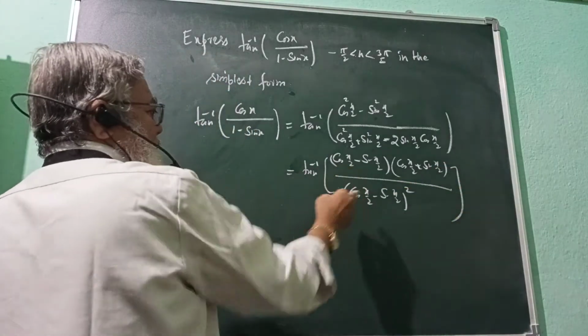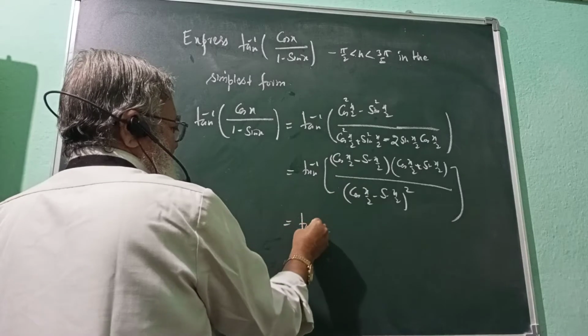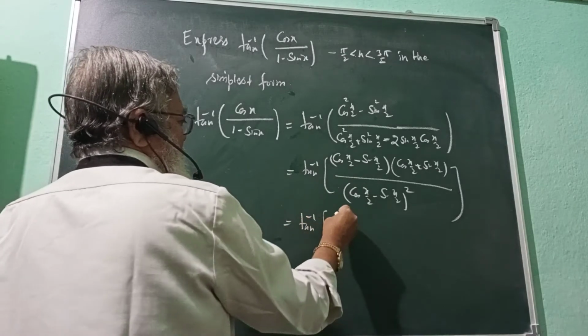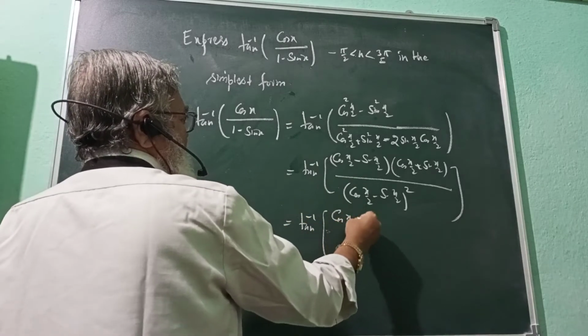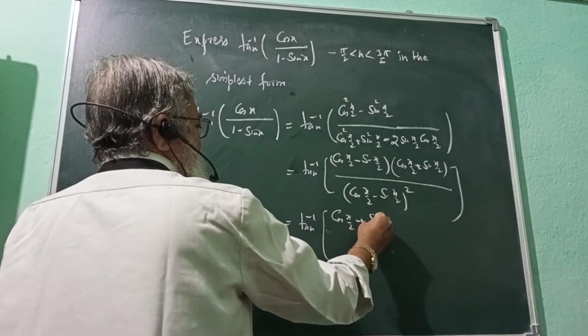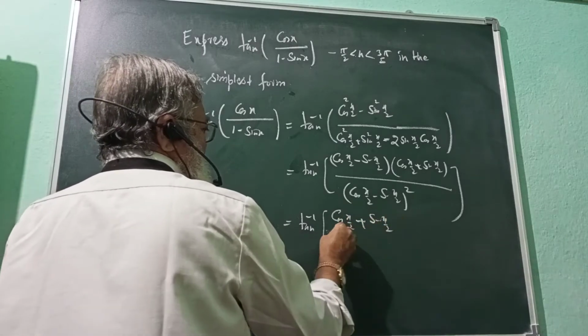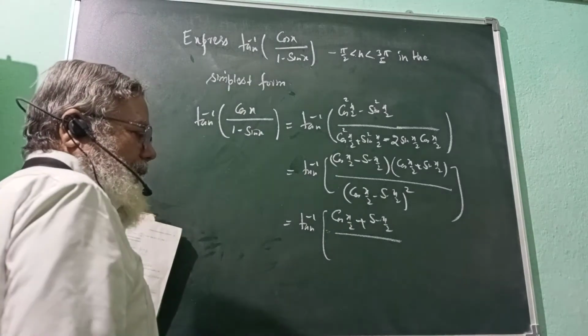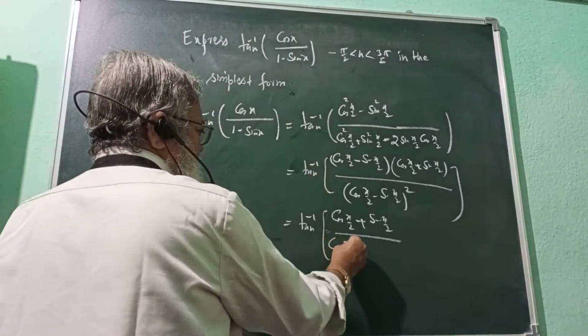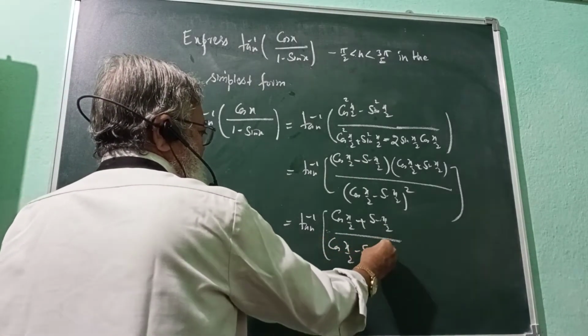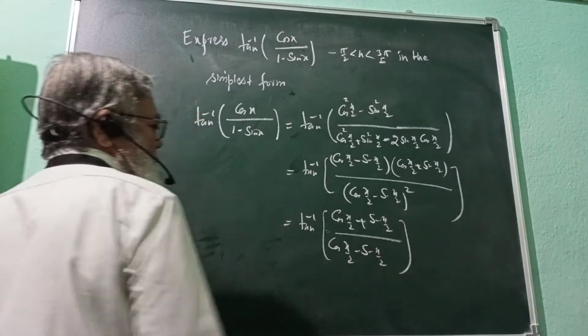Now one bracket cancels with one bracket and one bracket in the denominator is remaining. It will be cos x by 2 plus sin x by 2 divided by cos x by 2 minus sin x by 2.